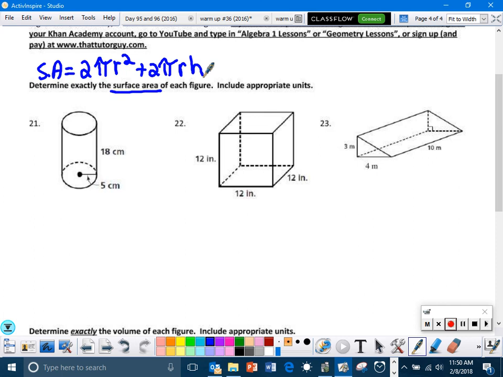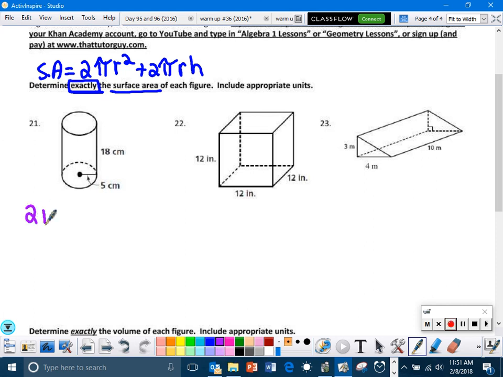Now, it says exact surface area. So we do not want to change the pi symbol to 3.14. We want to leave the pi symbol alone. So we're just going to plug the numbers in, and then we're going to simplify as much as possible. So here we go.